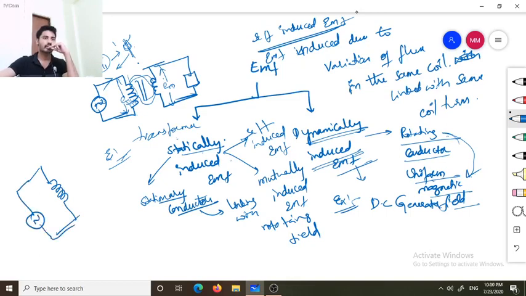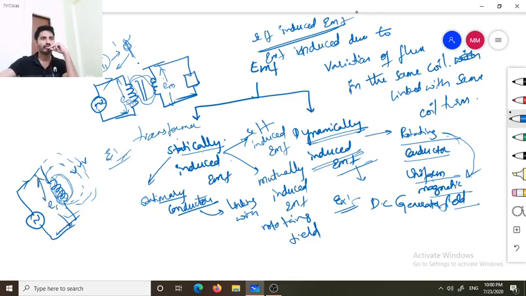Current will be passing and flux will be produced around this coil. This flux is again linking with the same coil turns and produces an EMF according to Faraday's laws of electromagnetic induction. According to Faraday's law, if the flux linking a coil or conductor changes, then EMF will be induced in the coil.